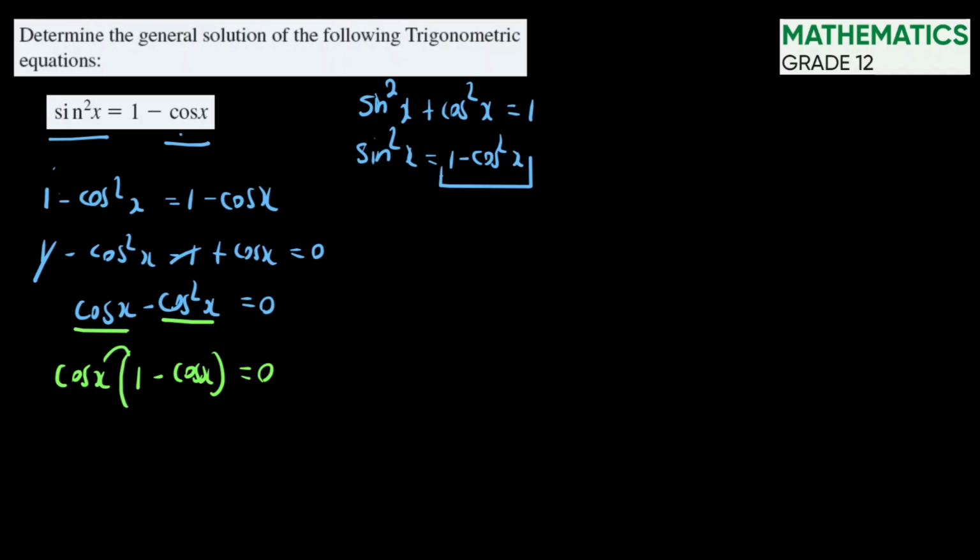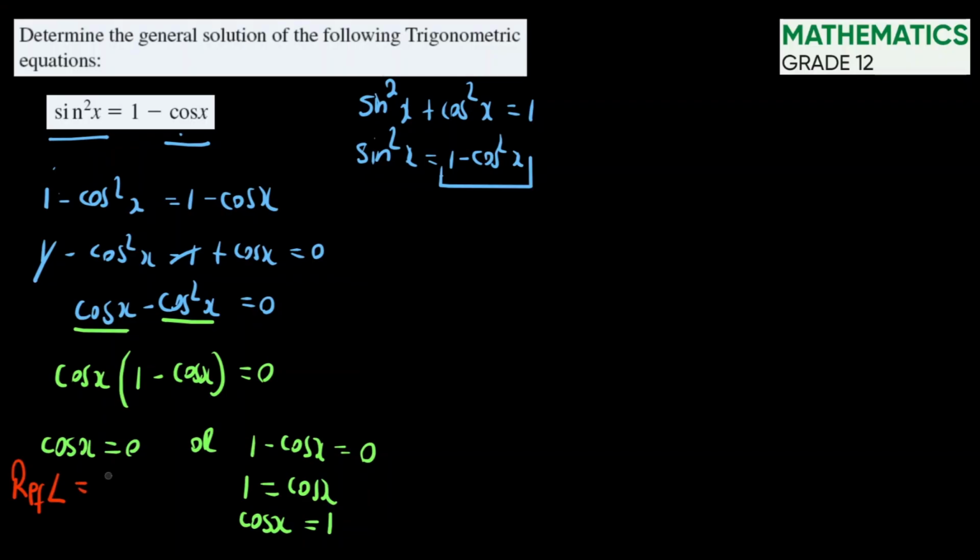So what we then do, we need to find cos x equal to 0, or we'll have 1 minus cos x equals 0, which is the same as 1 equals cos x, which is cos x equals 1. So we go ahead and find our reference angles.